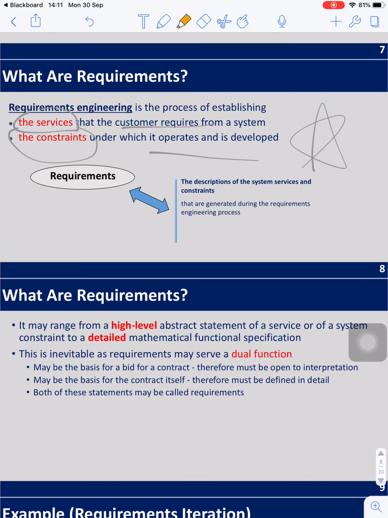The main takeaway is that the services are analyzed as functional requirements, and the constraints describe non-functional requirements.